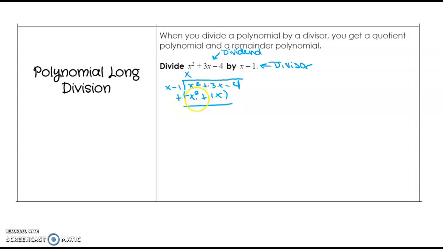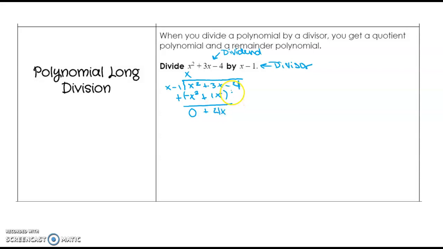So now I have x squared plus negative x squared, which gives me 0, and 3x plus x, which will give me just 4x.